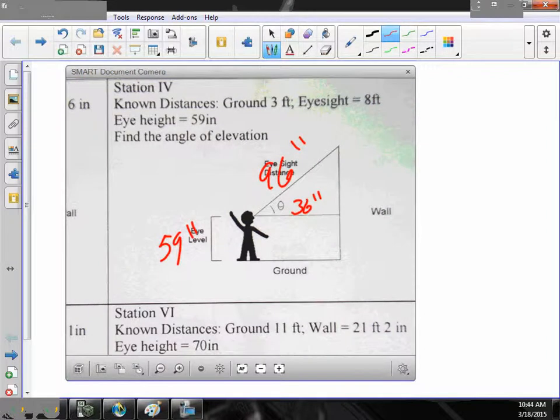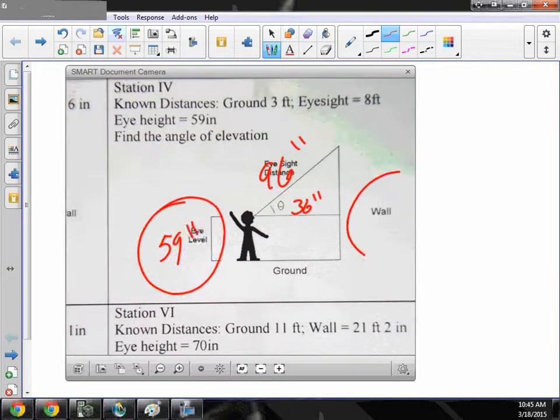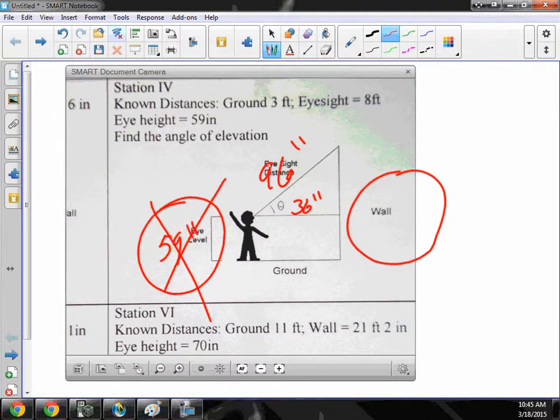We don't know what the wall is, which means, what are we going to do with the eye level? Does it matter how tall this person is? No. The only time you need to use this number is if you're also using this number. So in this case, 59 is not needed. It doesn't change the problem at all.